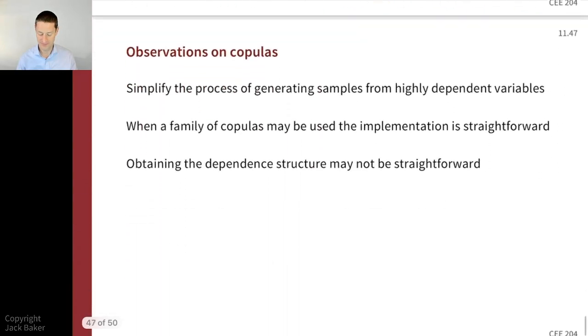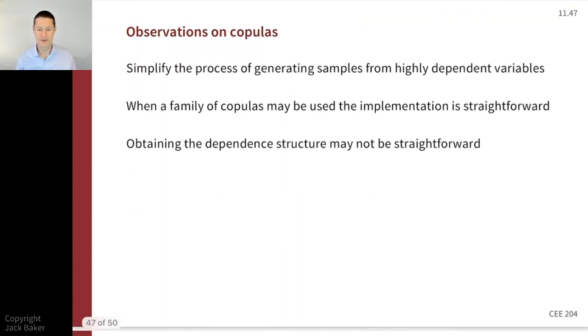A few notes: it's really focused on generating samples from highly dependent variables. Especially in the extremes of the distribution, the very large or small values of x, if there's some sort of dependency structure, copulas are a nice way of characterizing that. That's where they get used in applications a lot.